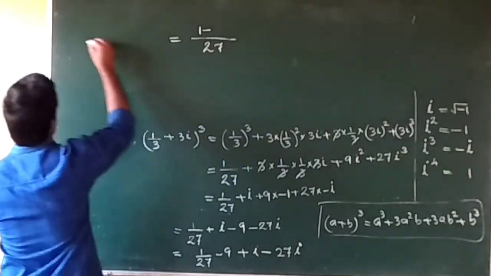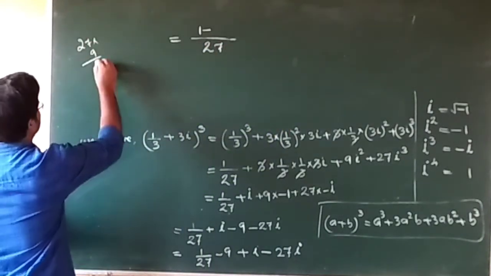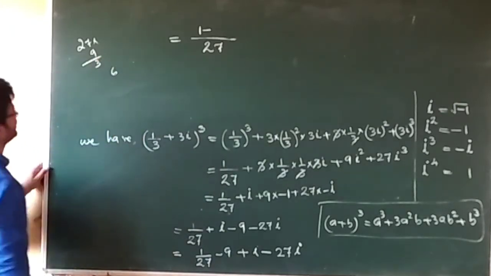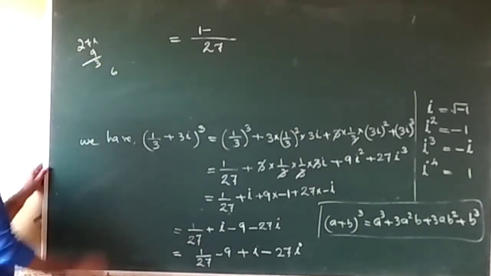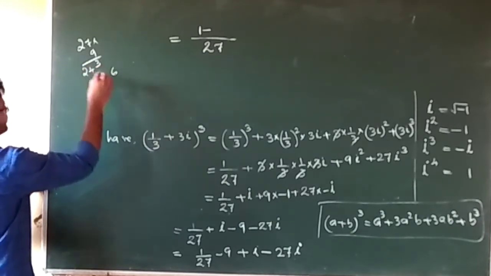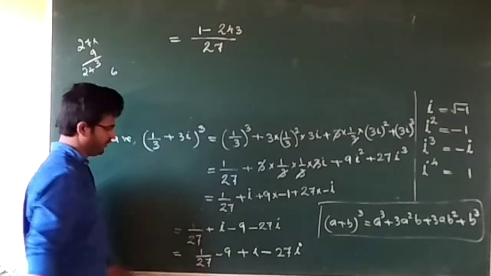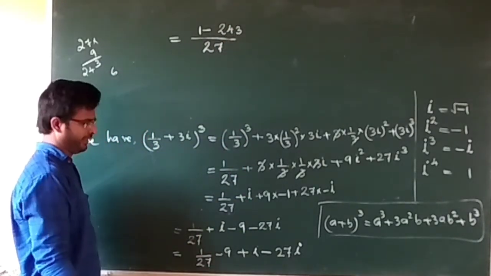We can do 27 into 9: 9 into 7, 63, 6 remainder. Then 9 into 2, 18 plus 6, 24. 243 when you multiply 27 and 9.